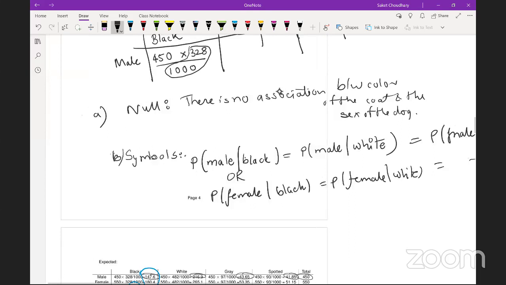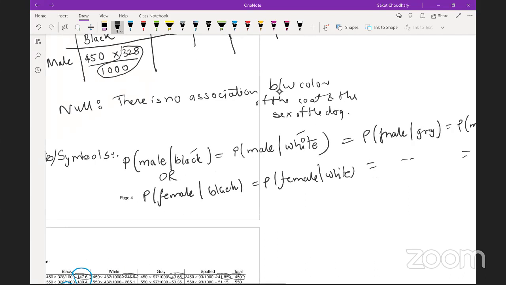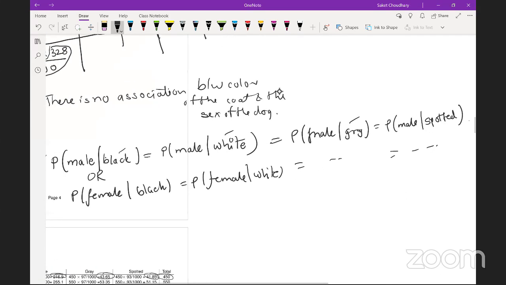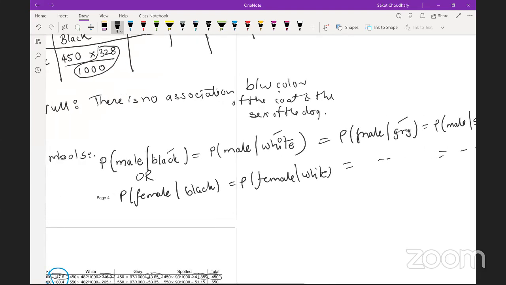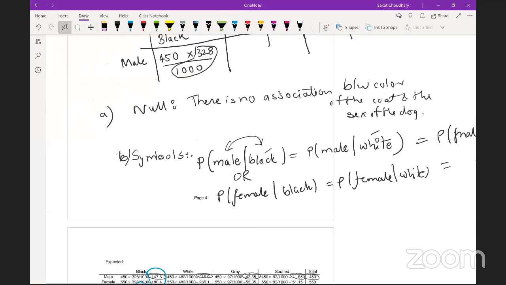So what this means is there is no association, and hence if I'm coming from any of these 4 categories, which is my color, then the probability that I get a male is going to be equal. You can also flip these, exchange the two and condition on being a male, and that's equal too, right? Does everyone understand what I'm trying to say?